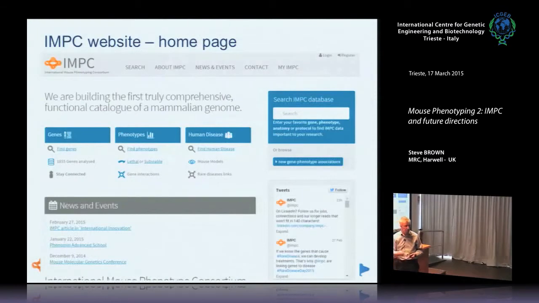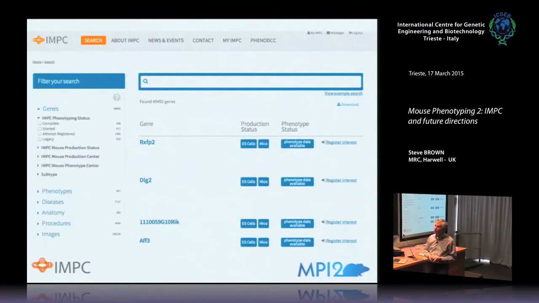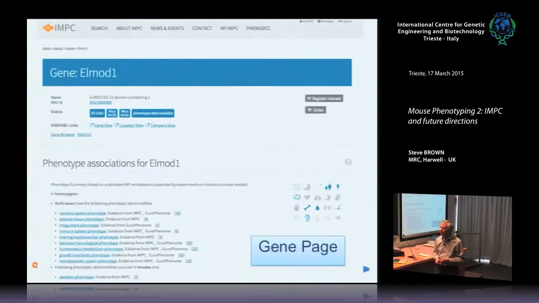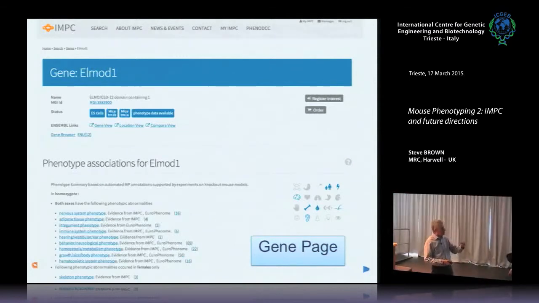And this just gives me an opportunity to say something about the kind of findings that we're getting here. So of course you can search on a particular gene. You can bring up information about a gene, about its production status, about its phenotype status, and of course you can click on any of these and find out more information. So here's gene LMOD1. Remember this gene that we picked out in Umodic, in fact? Nothing was known about it at all.